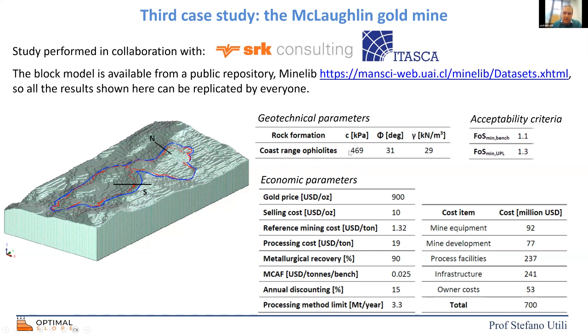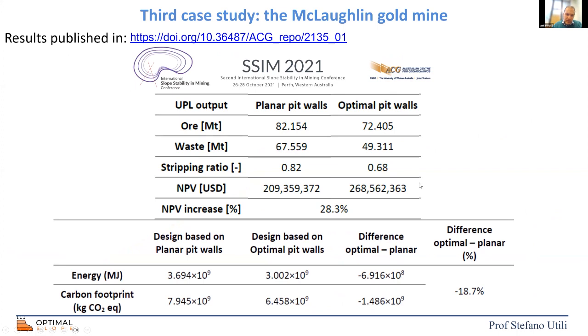In this case it was maybe simpler in terms of the geology, because we just have one layer for the slope, and a factor of safety of 1.3. In this case, we also calculated the reduction in terms of carbon footprint.